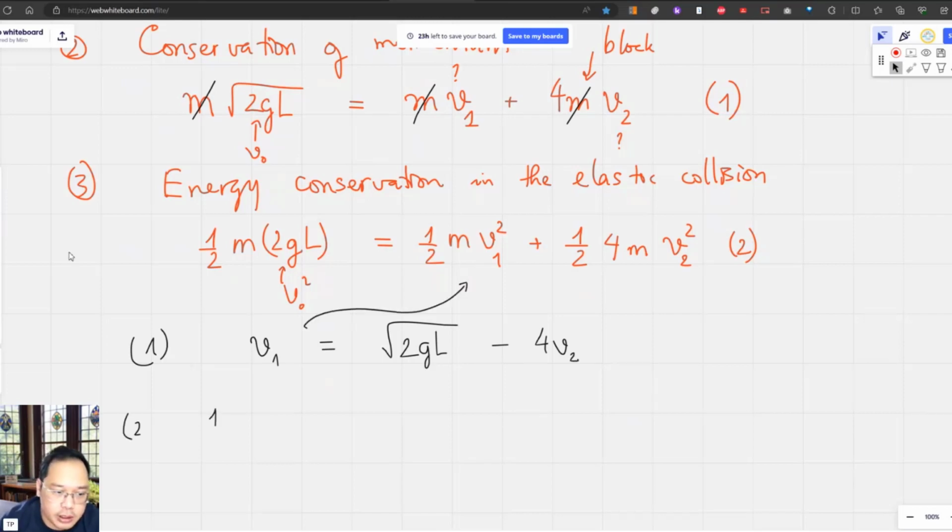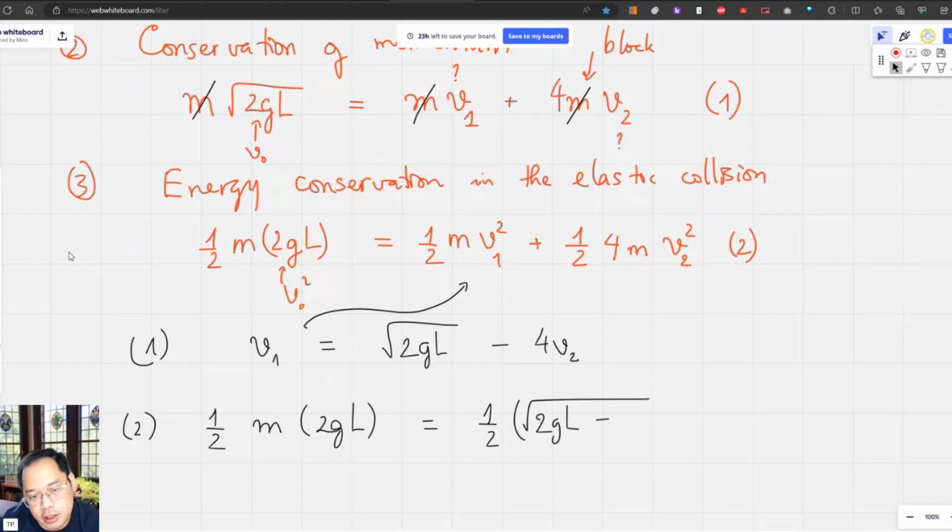Then plug in here. So we have 1/2 of m times 2gL equal to 1/2 of m times the square of the square root of 2gL minus 4v2, plus 1/2 times 4m times v2 squared. We remove m from the equation here also.